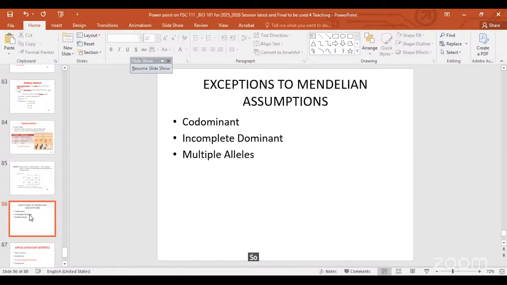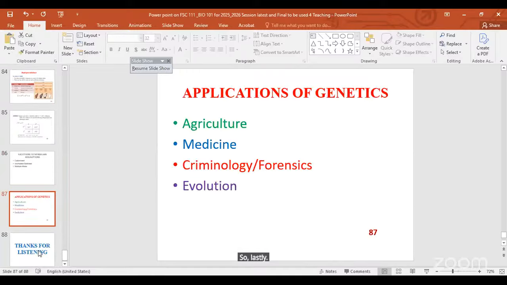So lastly, where and how could the knowledge of genetics be applied? For those of you that are studying medicine, you can see genetics has application in medicine. Also in agriculture, all the GMO food that we see these days is based on the knowledge of genetics.